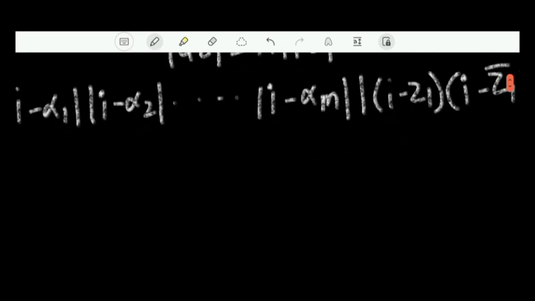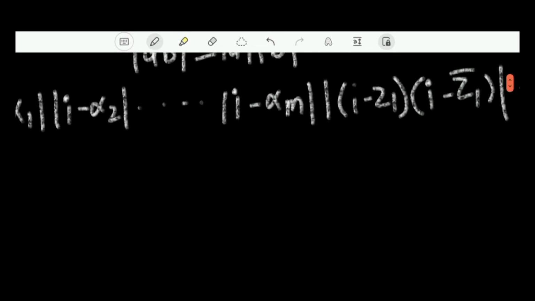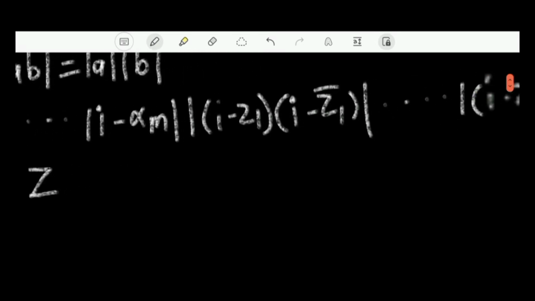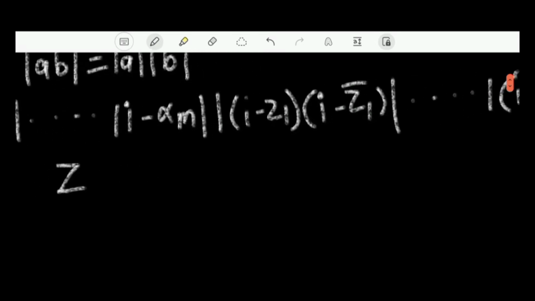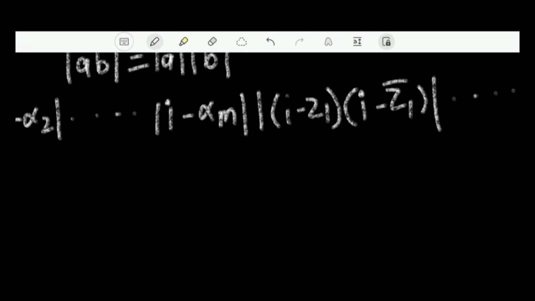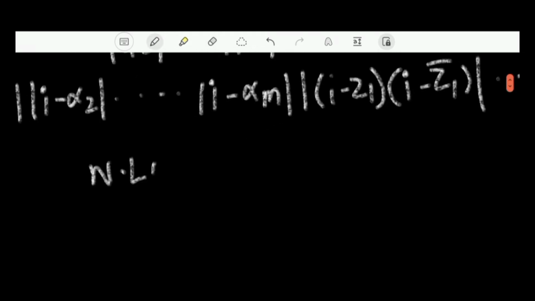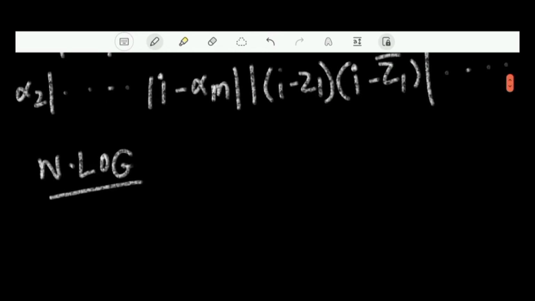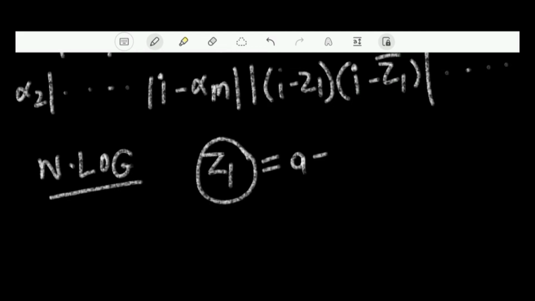And now we know that there are some complex roots. So let's say, without loss of generality, z1 is the root which has the form a + ib.